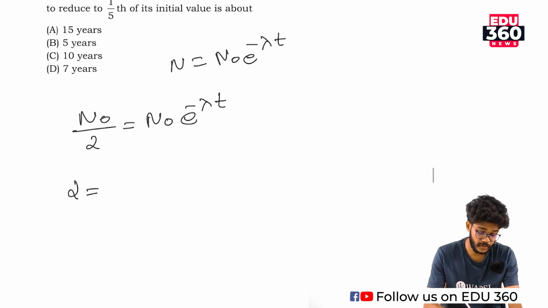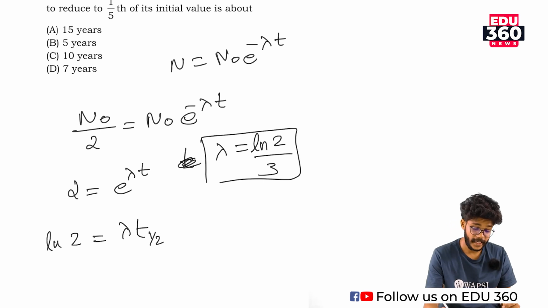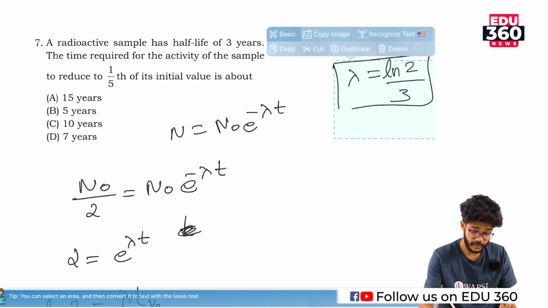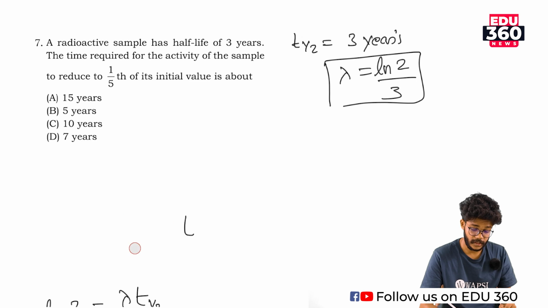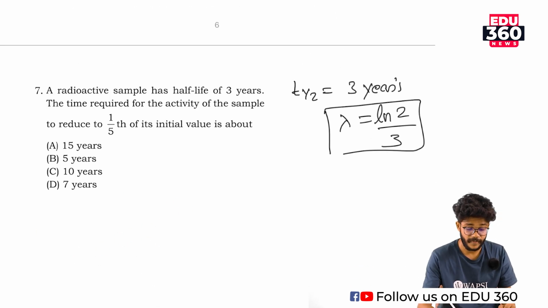So 2 is equal to e raised to lambda t. So ln2 is equal to lambda t, and t is t half, which is 3. So lambda is equal to ln2 divided by 3. We can put that in a box, delete all the first calculations, and start a new calculation for 1/5.